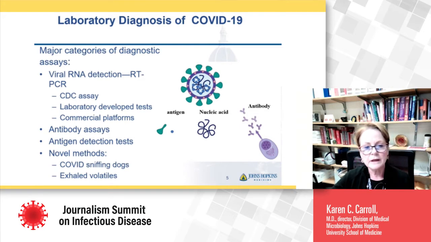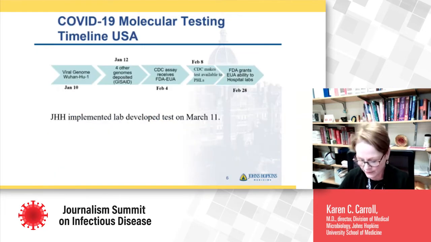And then finally, I'm not going to talk about novel methods, but I do think they're kind of fun. During the ID week, we heard about COVID sniffing dogs that have accuracies that seem to exceed even some of the antigen detection tests. And exhaled volatiles in breath can also be used to identify patients who are infected.